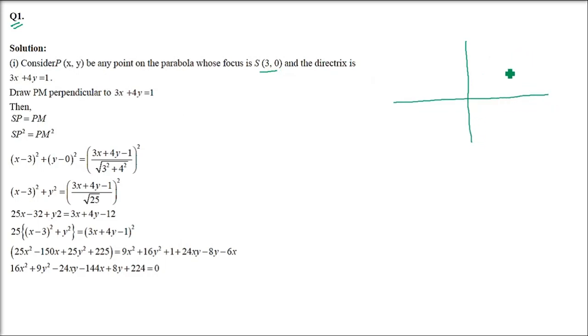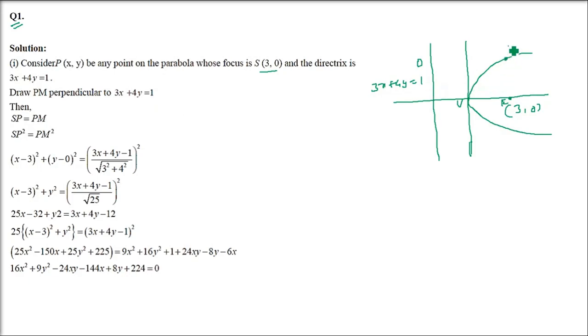The definition says, if we take specifically the parabola, then it can be in any direction. But the concept here is that the focus is given (3, 0) and the equation of the directrix is also given, and this equation is 3x plus 4y equals 1.